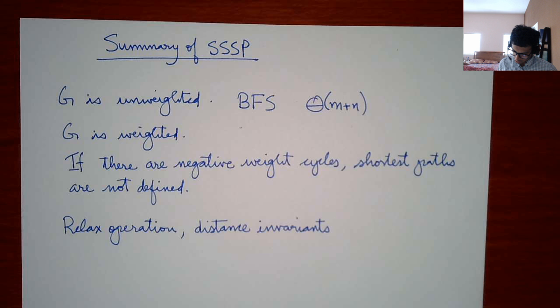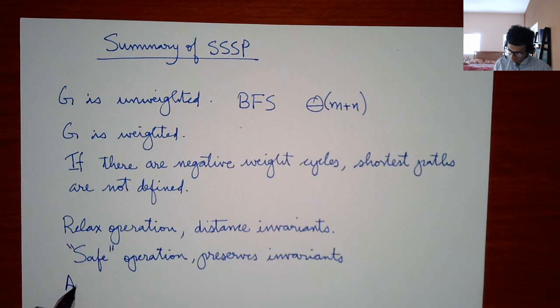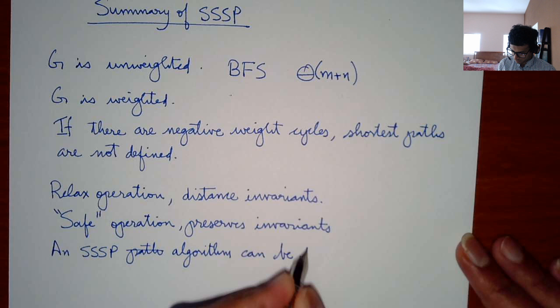Okay, so an SSSP algorithm, a single source shortest path algorithm, the path is superfluous. A single source shortest path algorithm can be thought of as a sequence of relax operations.